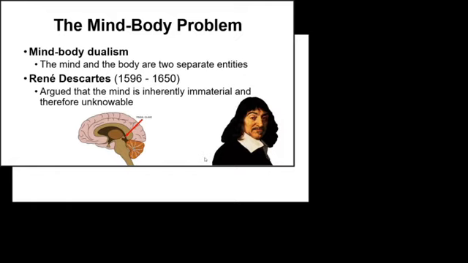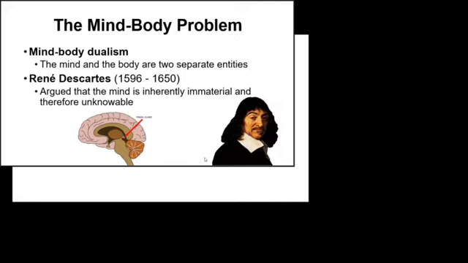But he also had a lot of thoughts about how we think and how we interact with the world. So he argued that because our mind is inherently immaterial, it is therefore unknowable. And he went so far as to say that there's no point in trying to study the mind, because no matter how hard we study the body, we'll never know anything about the mind.